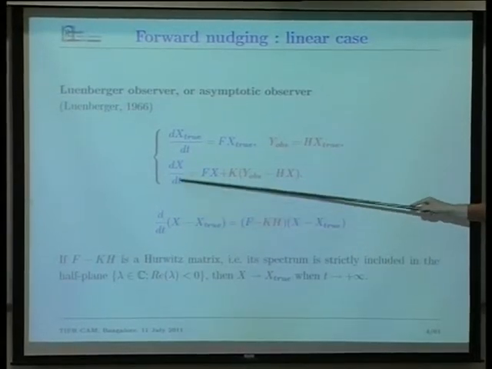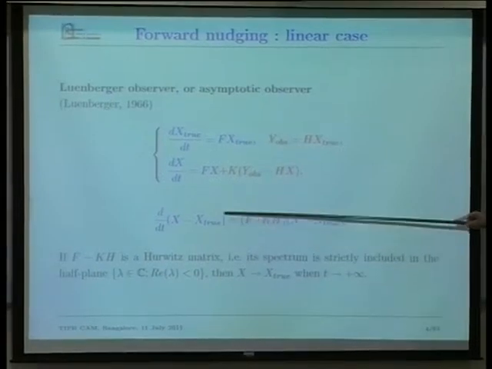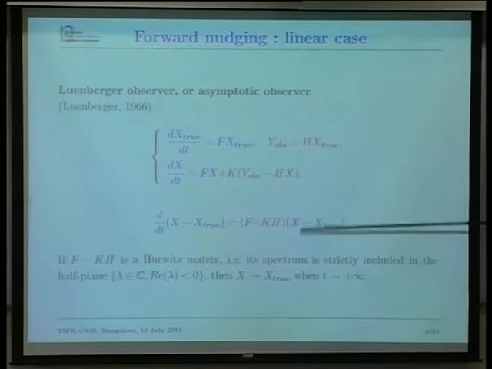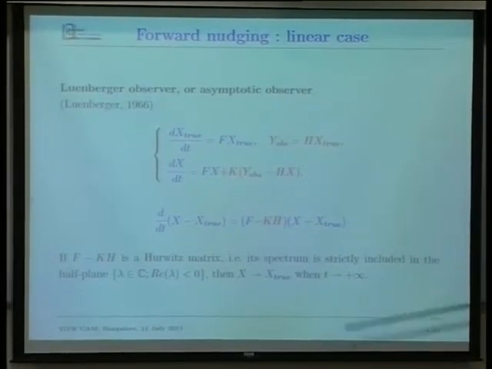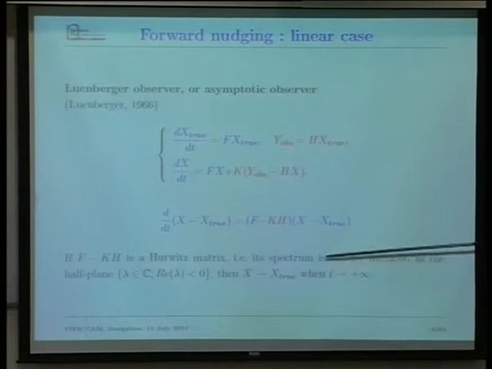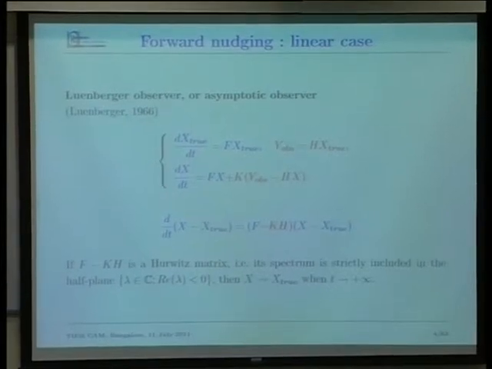If you take the difference between the nudging state and the true state, the evolution in time is given by the matrix F minus KH, and if you are able to stabilize this matrix, then the error will decrease exponentially in time, and you will get the true solution after probably an infinite time.